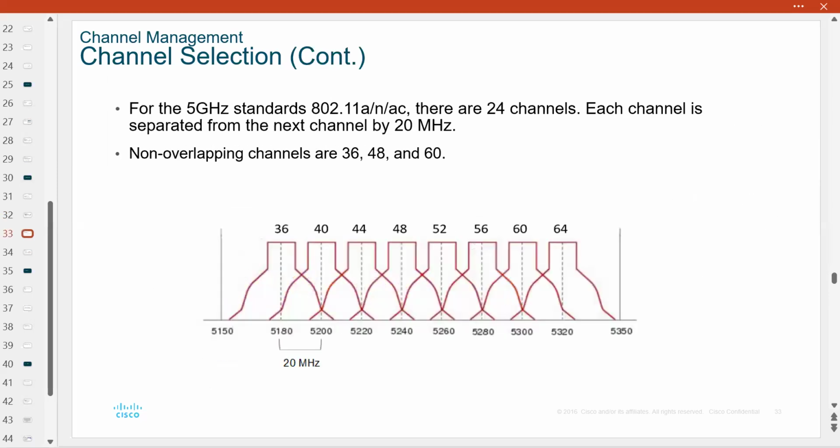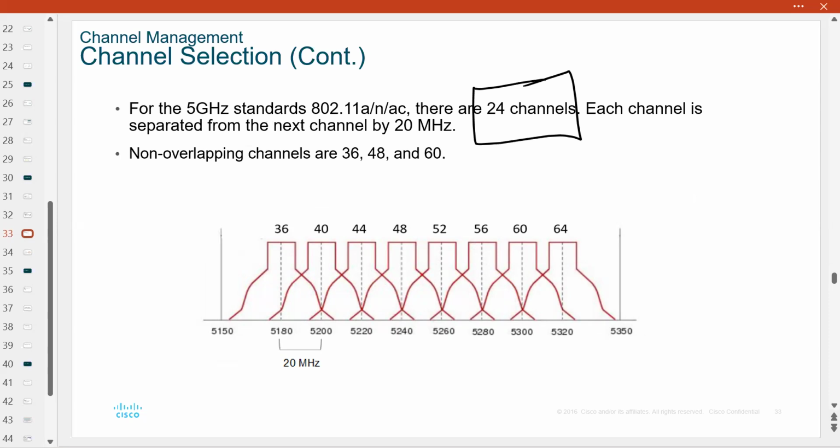Right, let's go to the 5 gigahertz. Instead of having 14 channels like the 2.4, this one has 24 channels, and each channel is separated by 20 megahertz. So here in the illustration, we have channel 36, channel 40, 44, 48, 52.